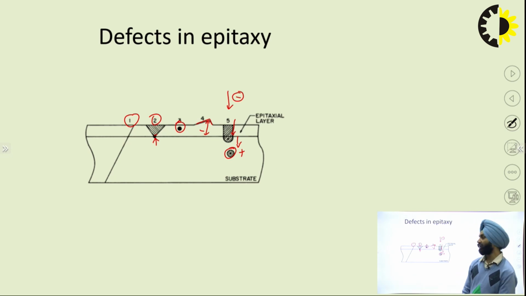So these are the 5 major defects that are created during the depositions. Mainly this is due to auto doping, for example, and the crystal orientations. So in this lecture we have discussed the 5 types of defects.